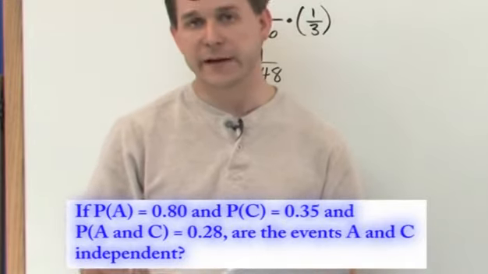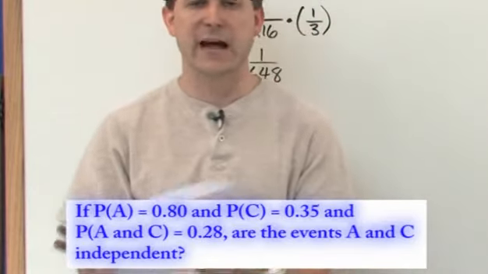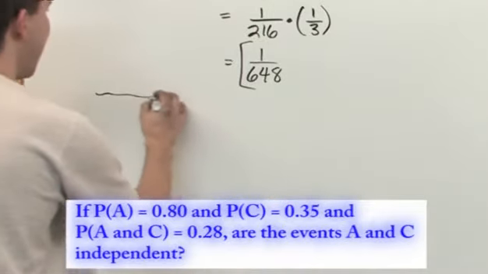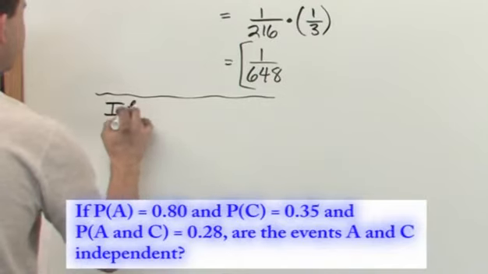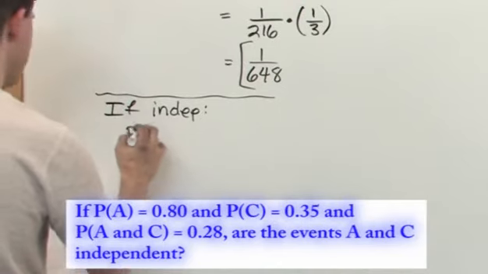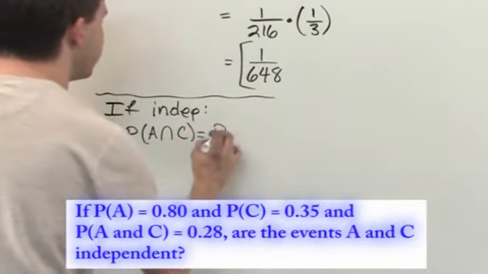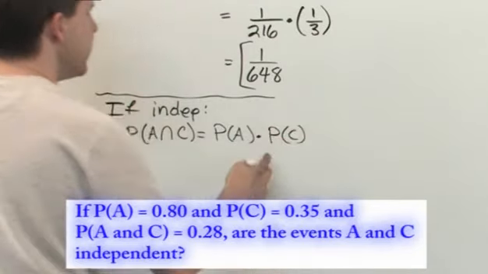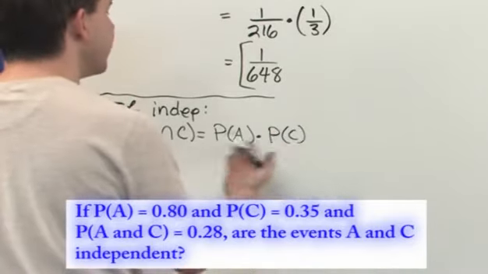Are these independent events? Now remember what independent events mean. They basically mean that one event does not influence any other later events, and from a math point of view, if an event is independent, what it means is the probability of A and C is just going to be the probability of A times the probability of C. There's no probability of C given that A has occurred, because if they're independent, it has no meaning.